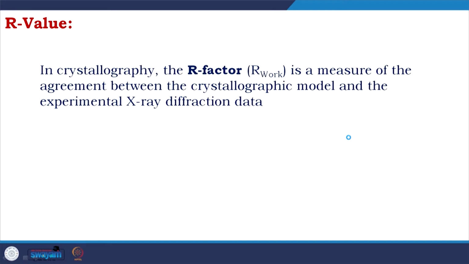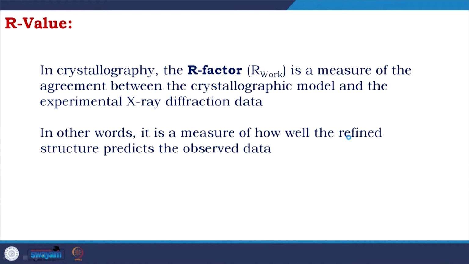Now I will talk about a very interesting validation which is called the R value. In crystallography, the R factor or R work is a measure of the agreement between the crystallographic model and the experimental X-ray diffraction data. So, you get the crystal, you diffract, you get the diffraction patterns, and you develop a model.